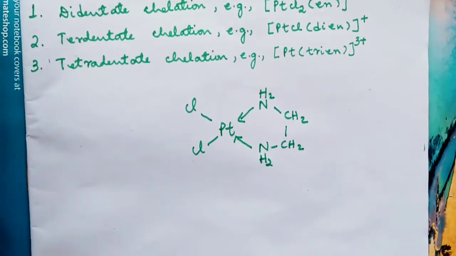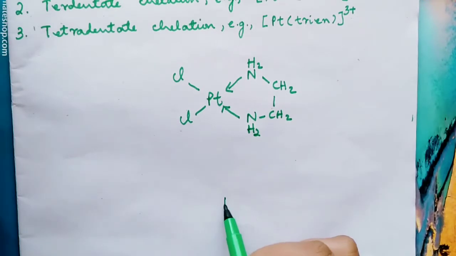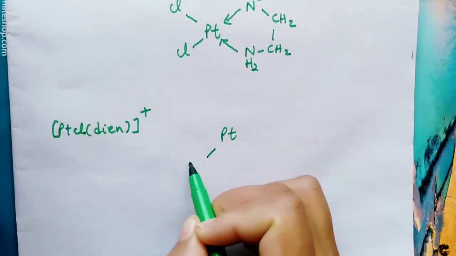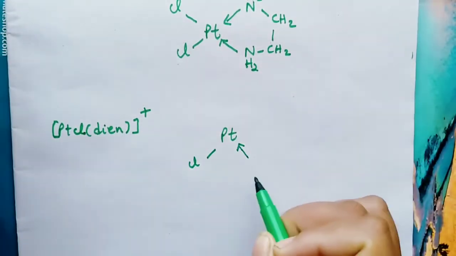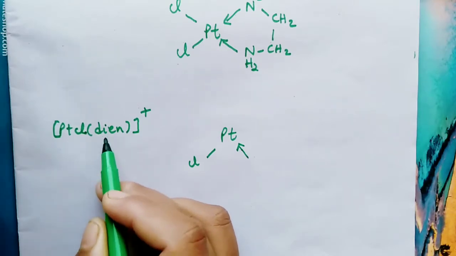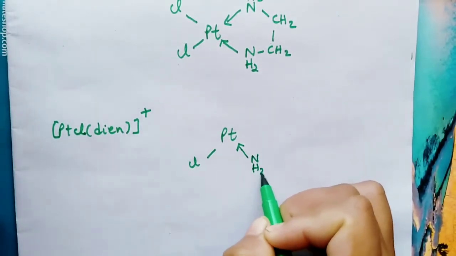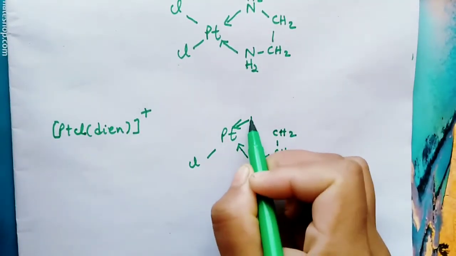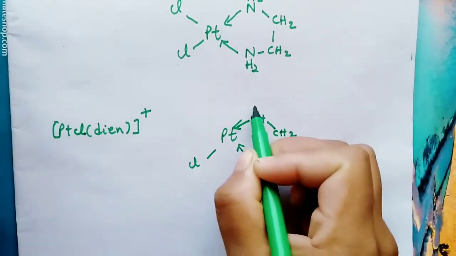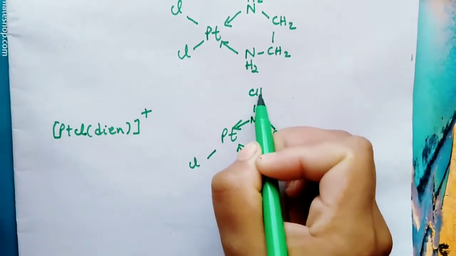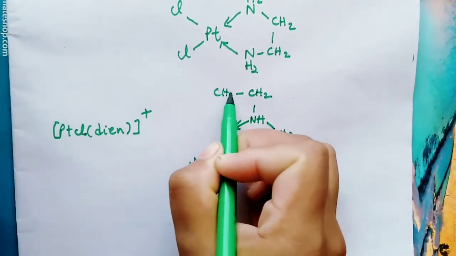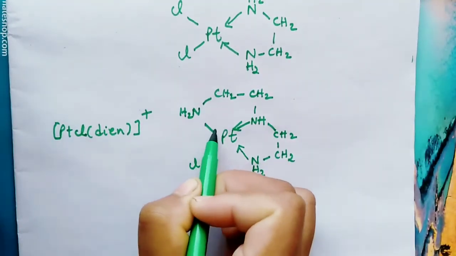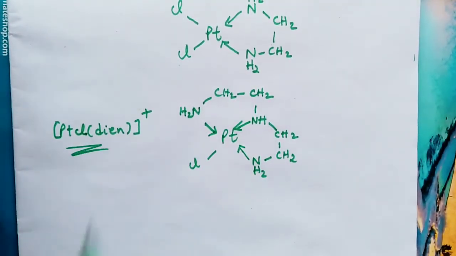Here we have platinum, and then we have Cl, and then this ligand, a tridentate ligand: NH2, CH2, CH2, NH, CH2, CH2, NH2, like this.